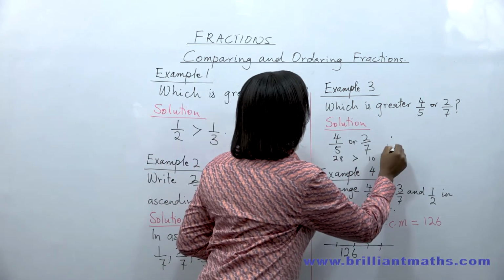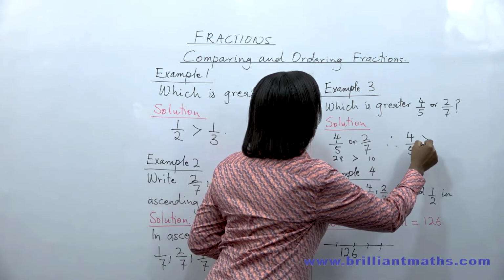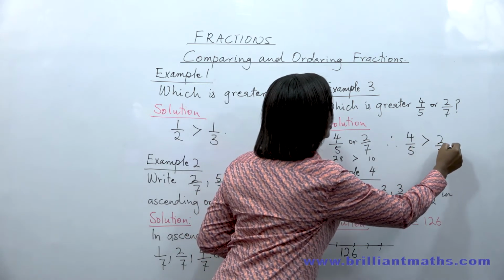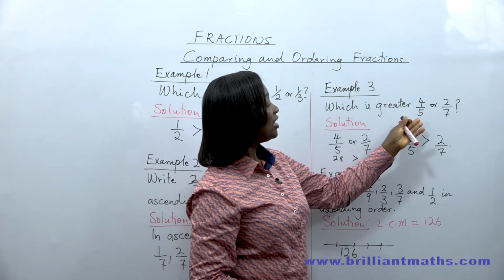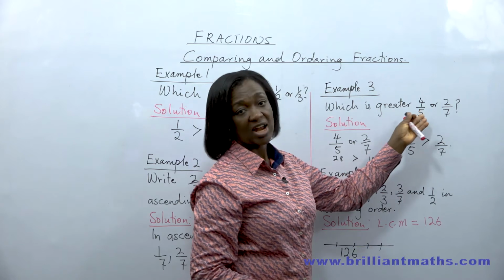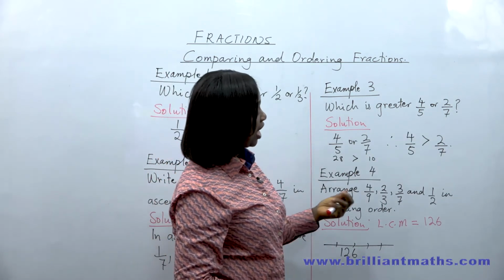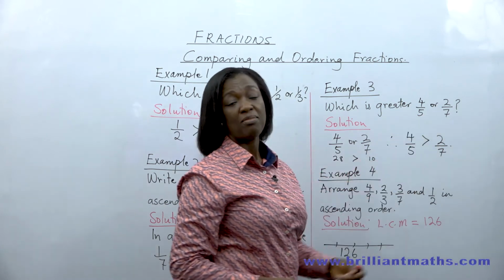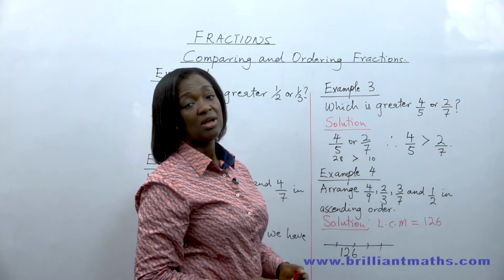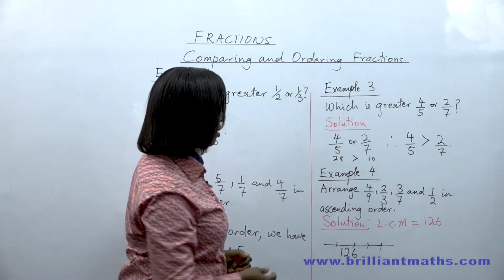So 4/5 is greater than 2/7. I've just used two methods there: checking if one is greater than half or less than half, and cross multiplying. Another method might be to find the LCM, make both of them the same denominator, and find their equivalent fractions. So we'll do that in example 4.